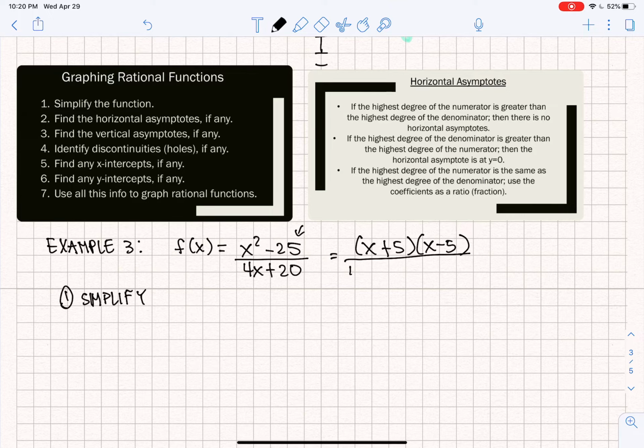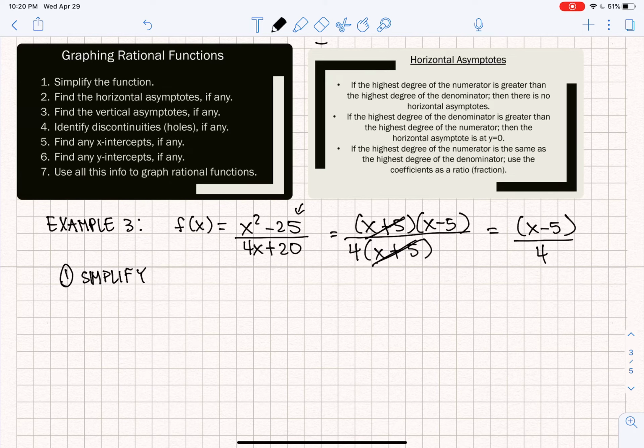In the denominator I can factor out a 4. Anything we can cancel out? Right there. Now remember, even though we canceled these guys out, they're not gone. They're still very important. However, we're just simplifying in order to figure out how our graph is going to look.